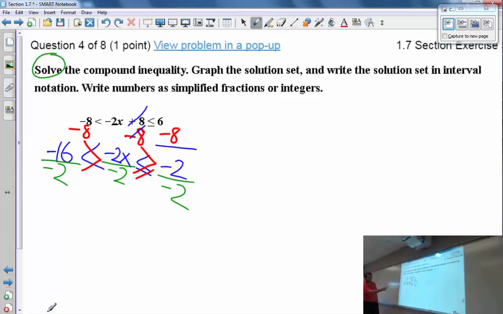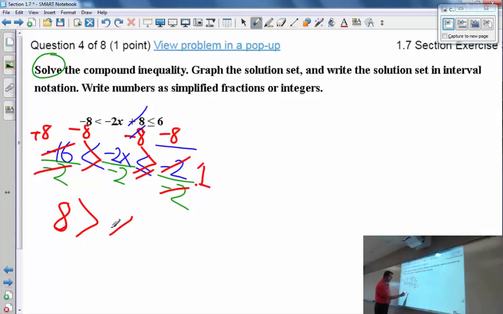Okay, let's simplify this. What is 16 over 2? It's positive 8. -2 over -2 is positive 1. We're all there, right? 8, x, and 1. I missed something in the equal sign.